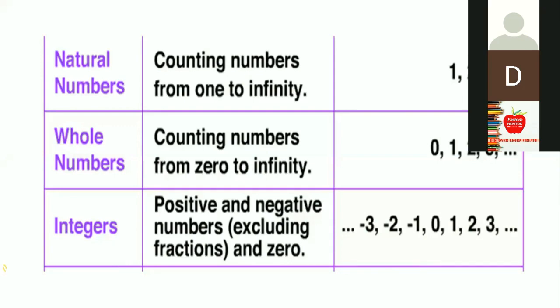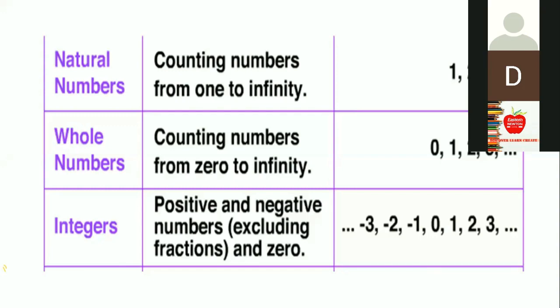This is an infinite collection. The second one is also infinite, but it starts from 0. That's the only difference. One more number is added, but it is still an infinite collection.